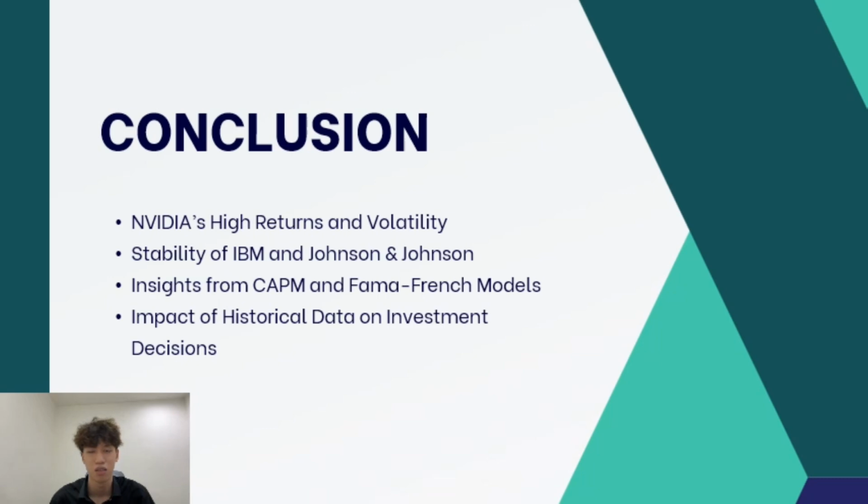Our analysis provided insights into the performance of different stocks and demonstrated that selecting the best performing stocks each month could have significantly enhanced investment returns. The findings underscore the value of using comprehensive data analysis to understand risk and return dynamics, optimizing investment strategies, and making informed decisions based on historical performance.